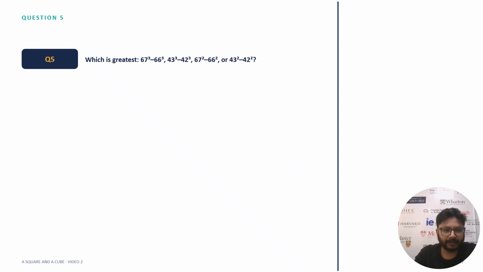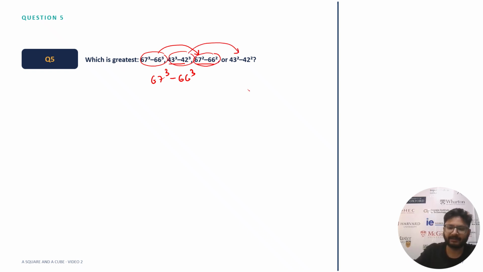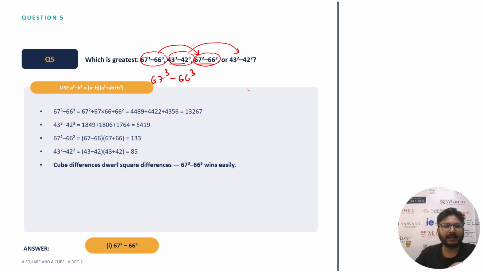Next one, which is the greatest? So 67 cube minus 66 cube, 43 cube minus 42 cube, 67 square minus 66 square. So obviously this is going to be greater than this, and this is going to be greater than this. So I can simply say which is the greatest number.